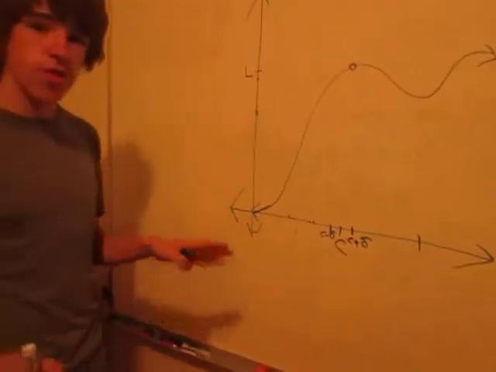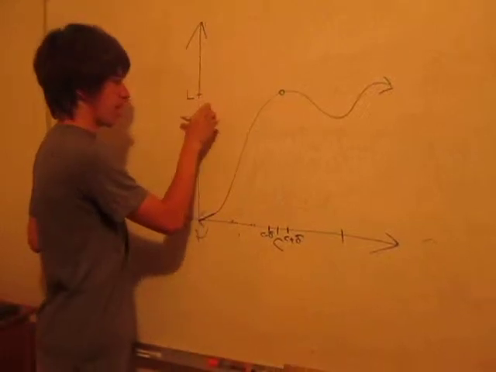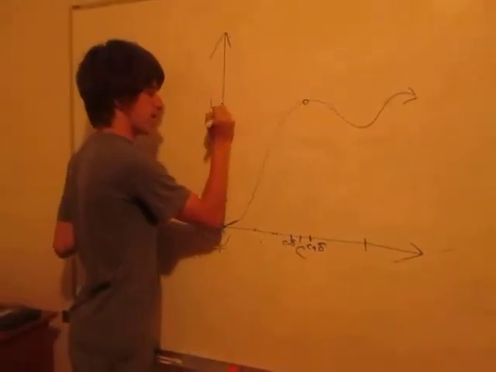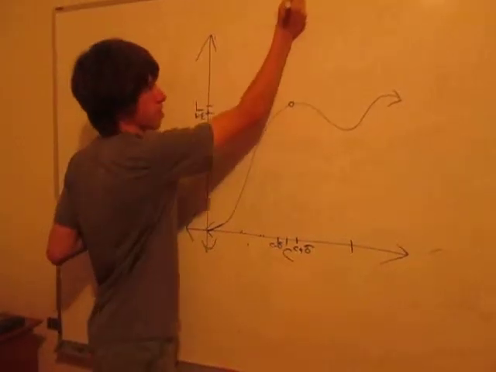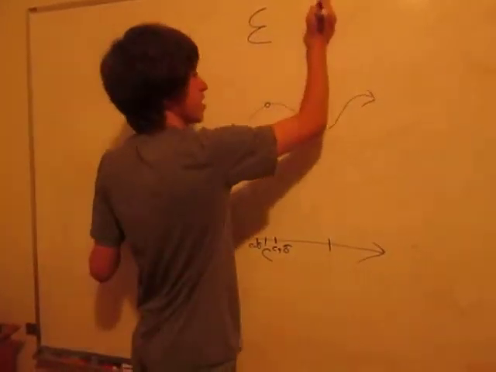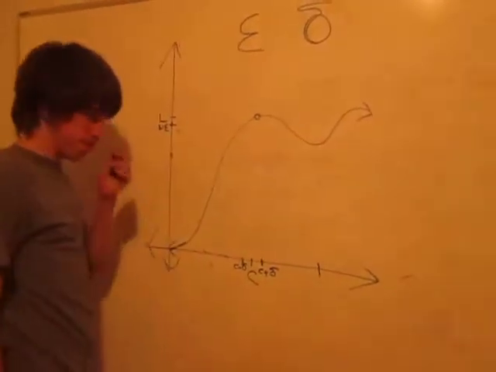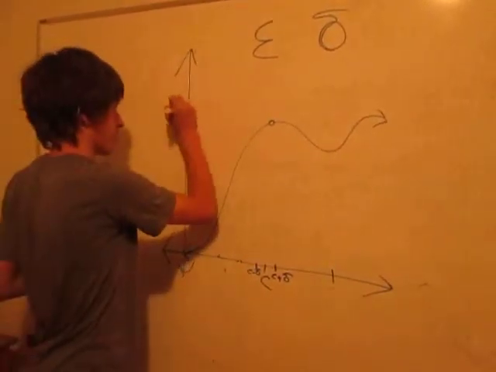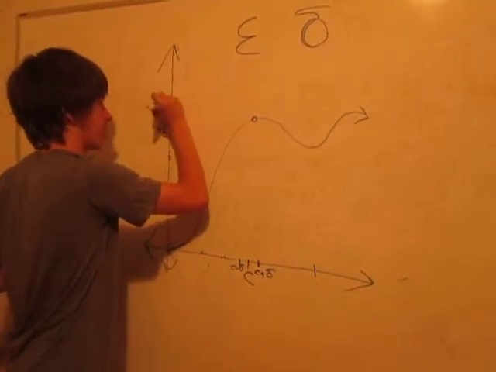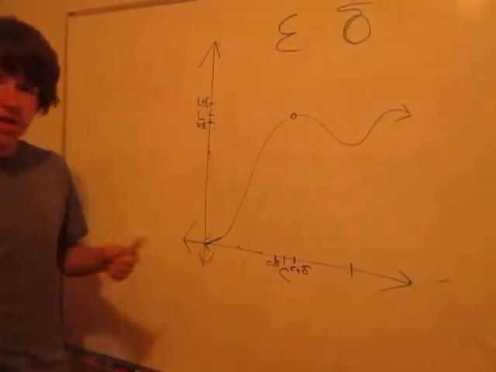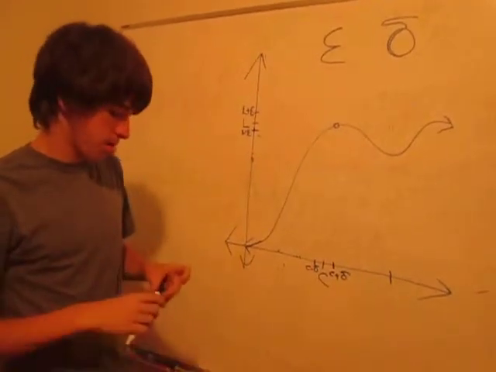We will get, within a range, epsilon of L. So this is L minus epsilon, where epsilon is just this, and delta is just the Greek letters. And L plus epsilon.